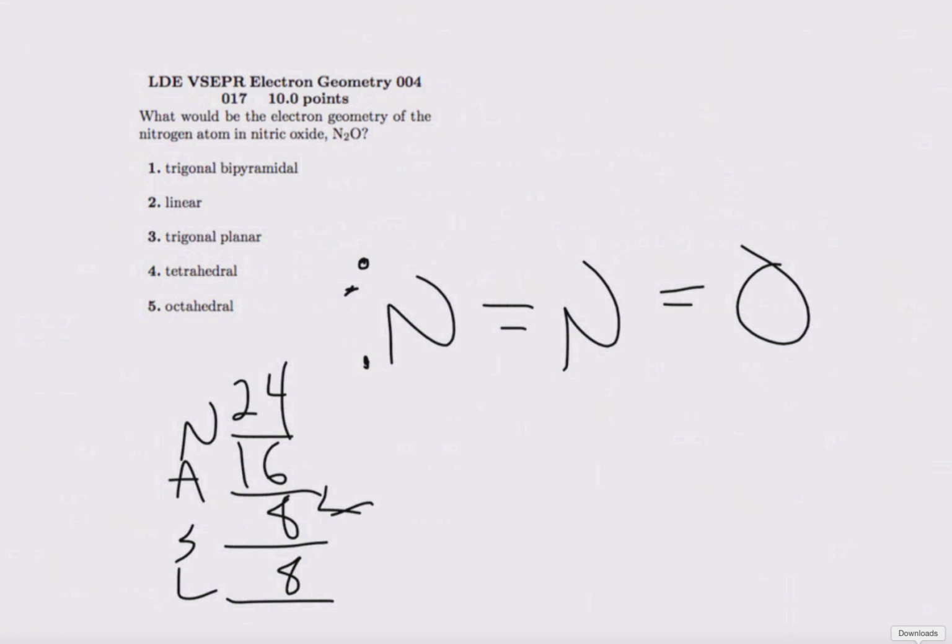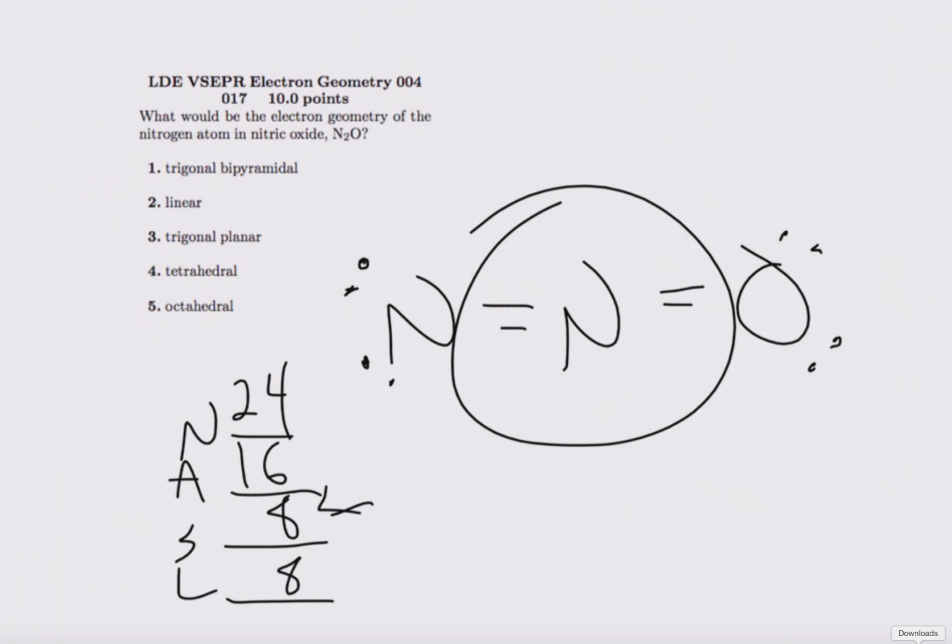And then the 8 remaining electrons are going to get distributed around the terminal atoms on the outside. So when we look at the nitrogen in the center, it has 2 regions of electron density. The farthest apart those 2 electron regions can get is 180 degrees apart, which makes this a linear molecule.